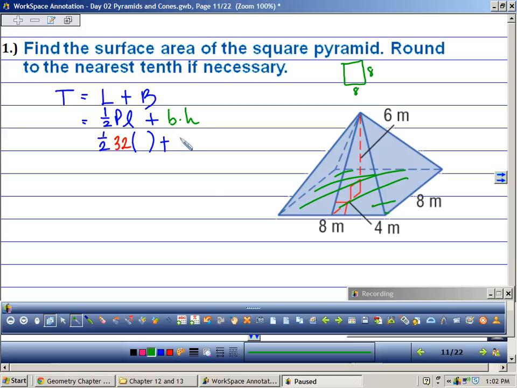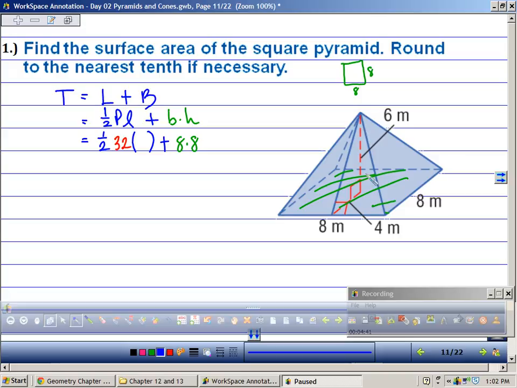And my base times height is 8 times 8, correct? Everybody see it? No. What would we call this in here? That's the altitude, or the height of the pyramid, right?